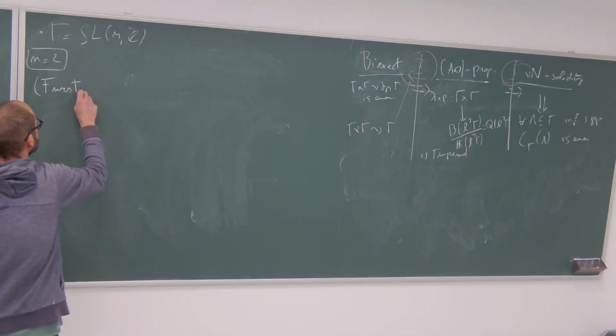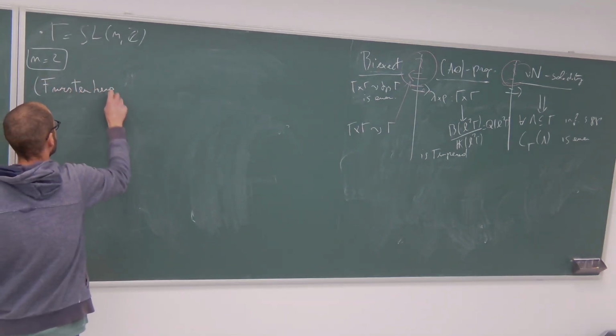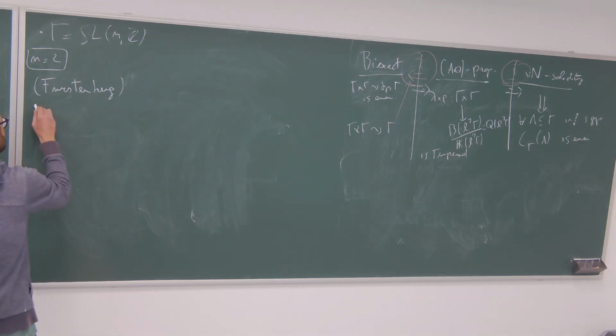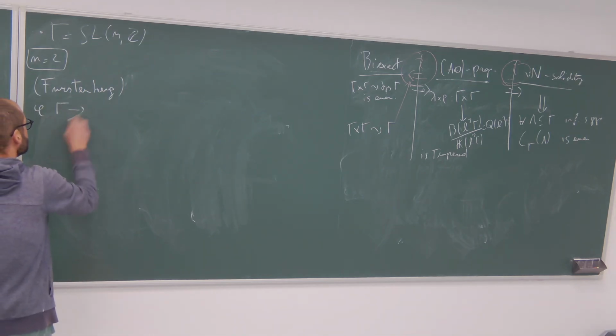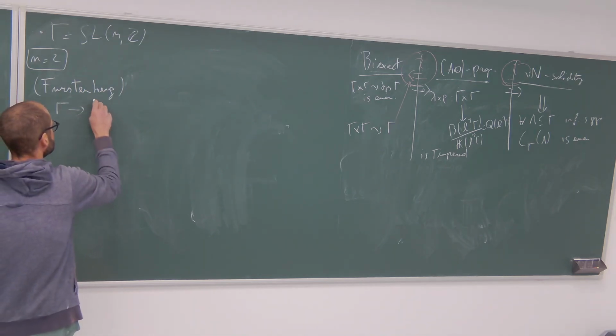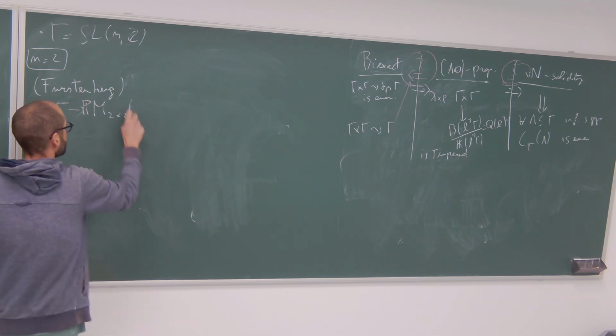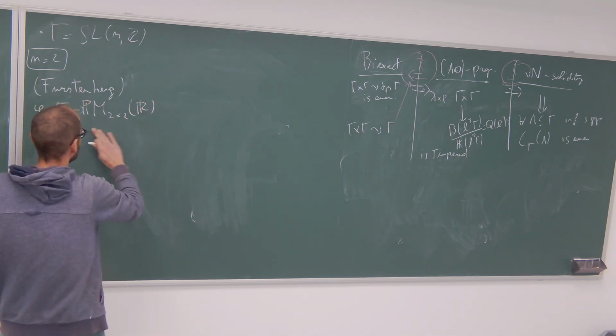And it's inspired by an idea of Furstenberg when he was studying Poisson boundaries of groups. And the idea is really the following. Consider this map from gamma, and the range is 2 by 2 projective matrices over the real numbers. So what is this?